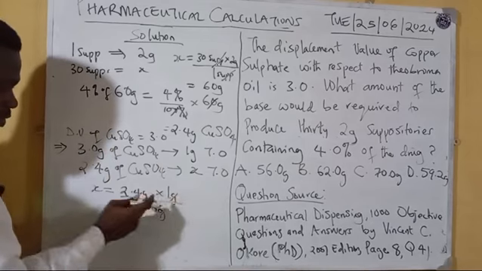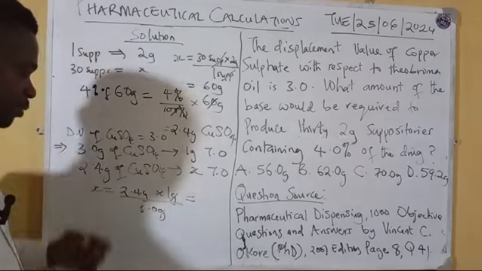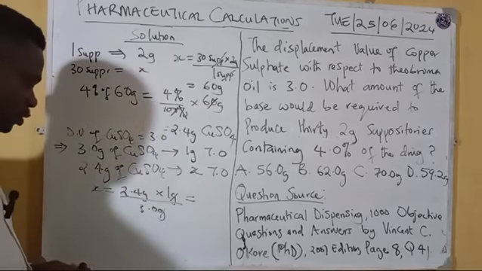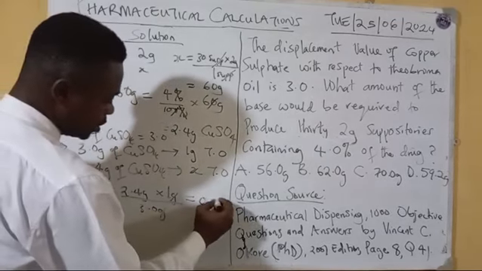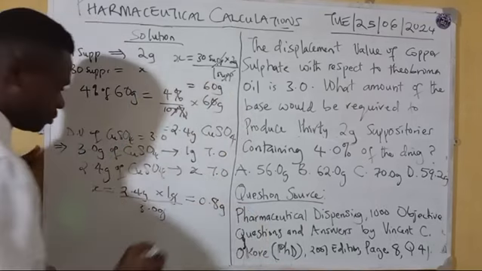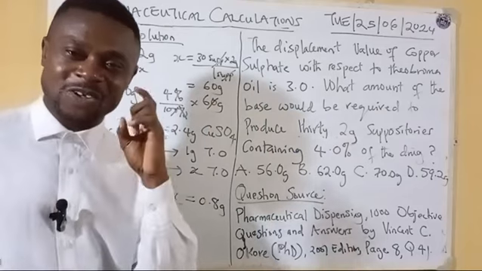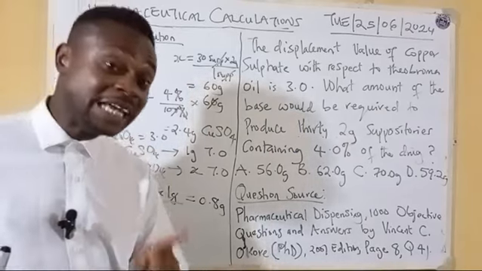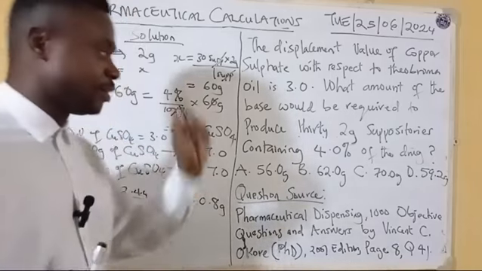Gram will cancel gram, remaining 1 gram. So 2.4 divided by 3.0 is around 0.8 gram. So 2.4 gram of copper sulfate will displace 0.8 gram of theobroma oil.